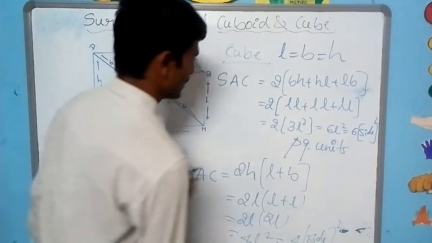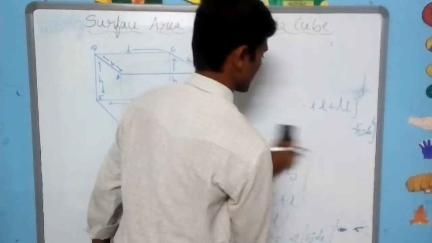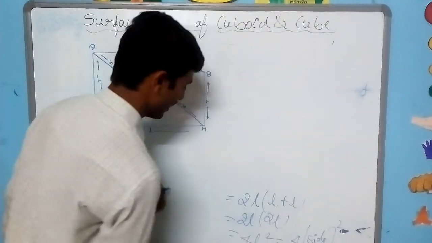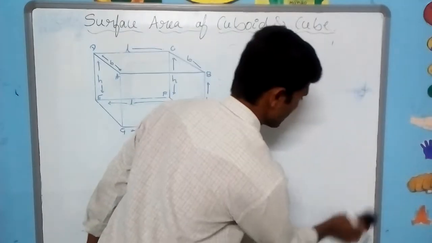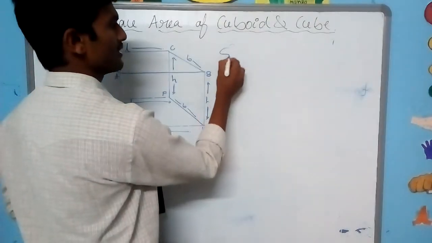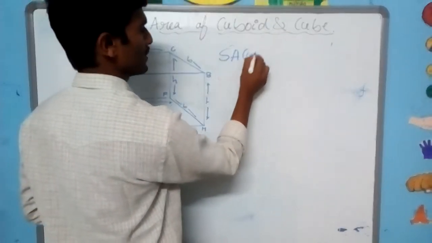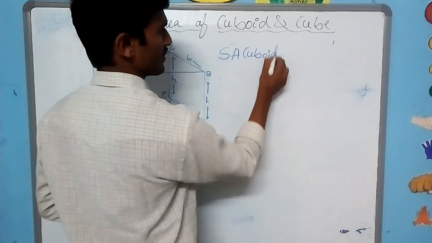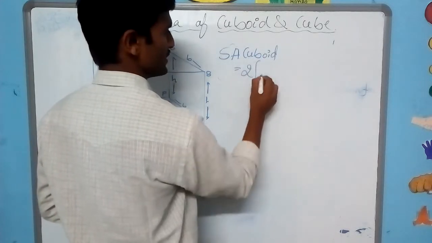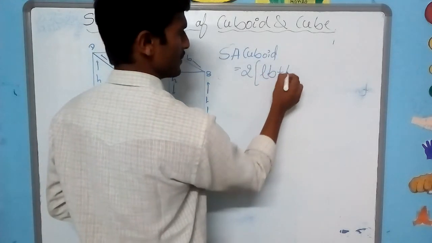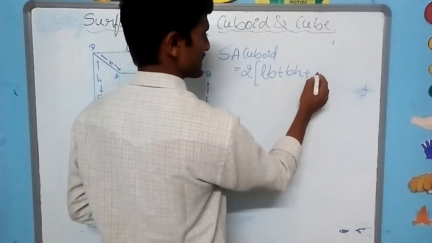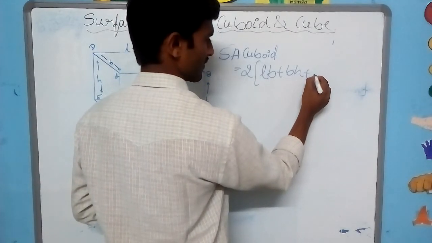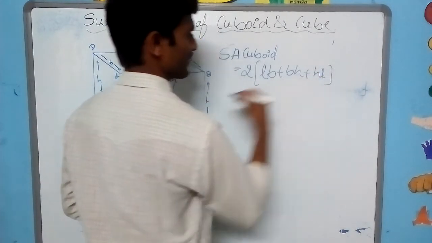Now you have learned four formulas. Once again I will recall them. The first formula: the surface area of the cuboid equals 2 into LB plus BH plus HL.